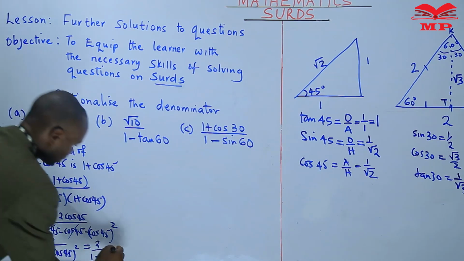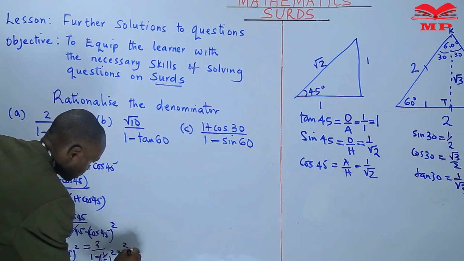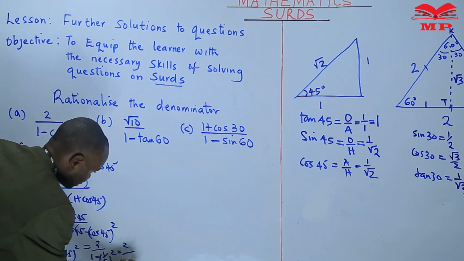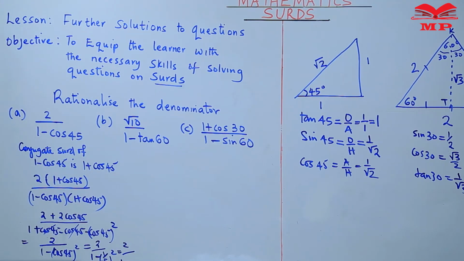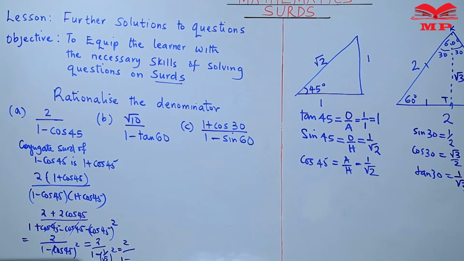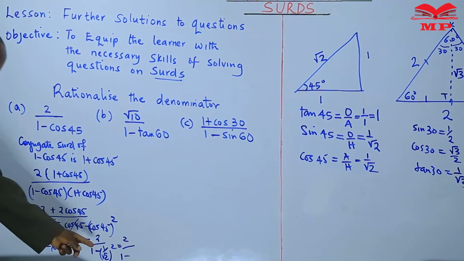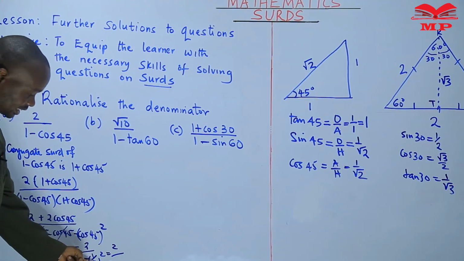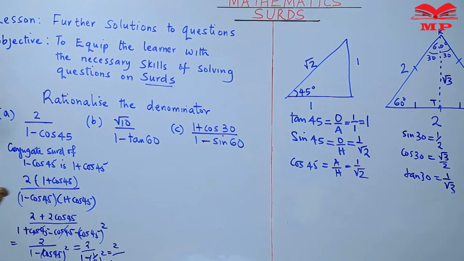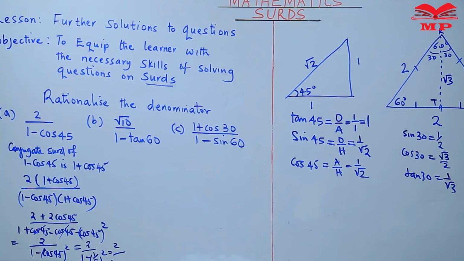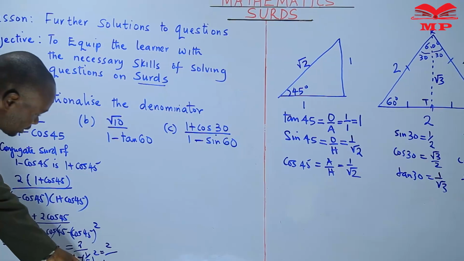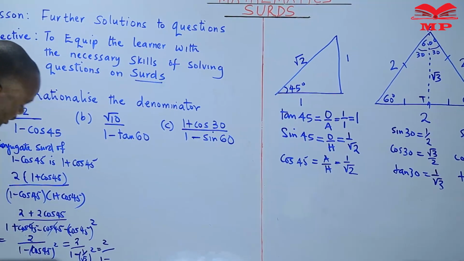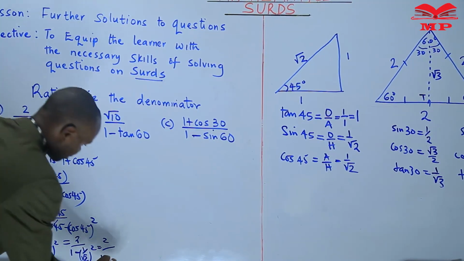So that will work to 2 over 1. A half squared is what? A half squared, this will be 1 minus a half. Square root of 2 times square root of 2 will give you square root of 4. So 1 over square root of 2, 1 over square root of 2, you still get a half.